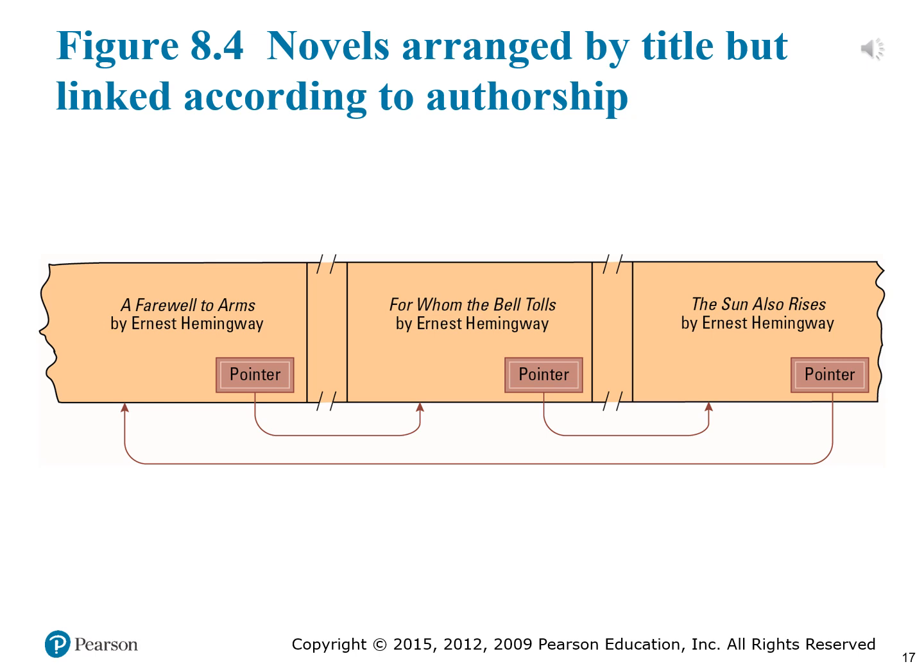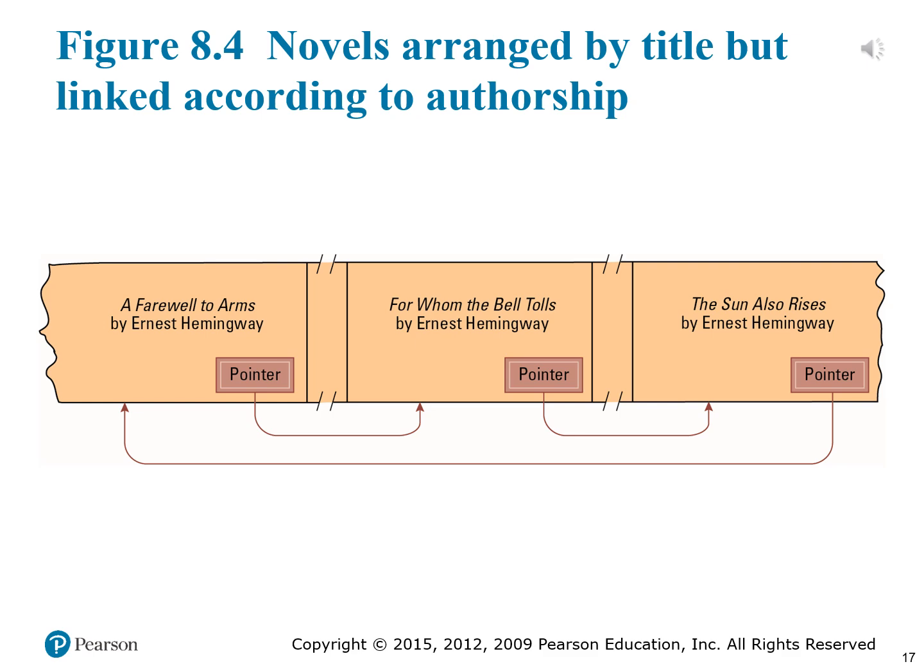To solve this problem, we can reserve an additional memory cell with each block of cells representing a novel and use this cell as a pointer to another block representing a book by the same author. In this manner, the novels by the same author, who is Hemingway for this example, can be linked together. Once we find one novel by a given author, we can find all others by following the pointers from one book to another.